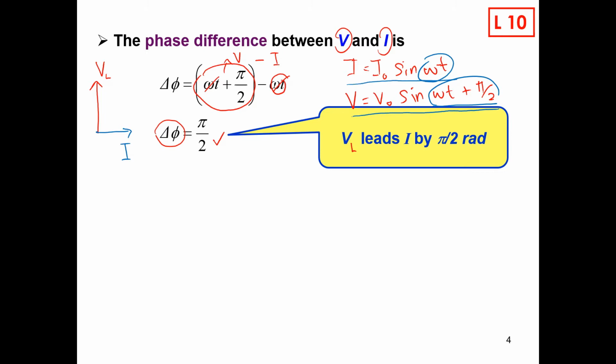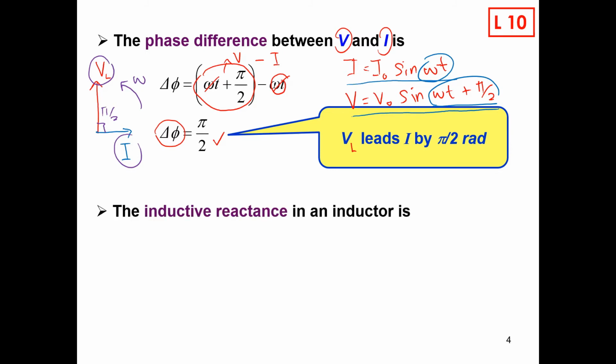As we know, the phasors rotate anti-clockwise, so here we can see that VL is leading the current by pi over 2 radian, or 90 degrees.